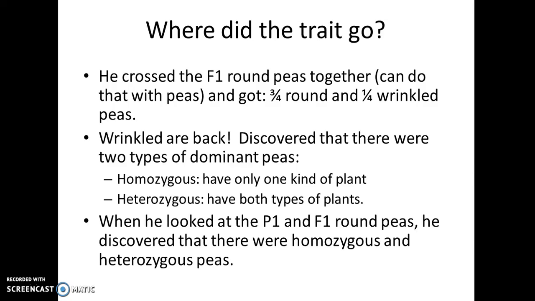So when he looked at the P1 and the F1 round peas, he discovered that the P1s were all homozygous, these are true breeding, and the F1s were all heterozygous because they had a mixture of round and wrinkled peas.